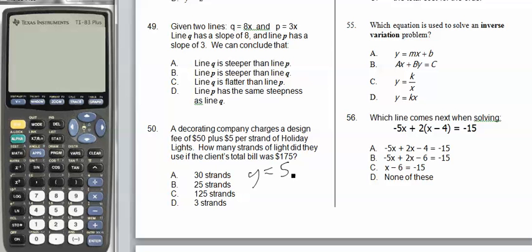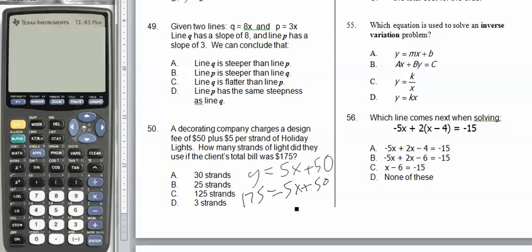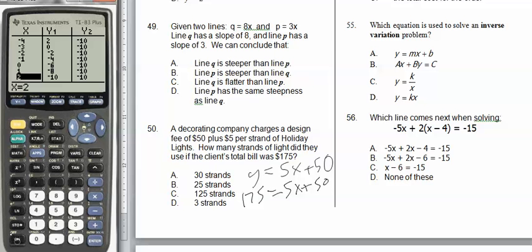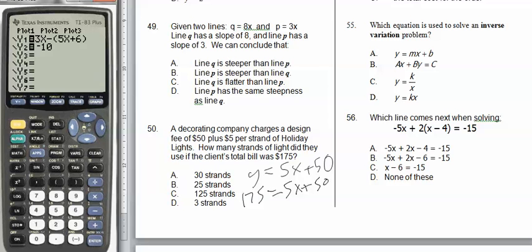So the 5 is going to be our rate of change. 5 times X is going to be strands of lights, and we charge $50 for the design fee, and we want this to equal 175. So 175 equals 5x plus 50.